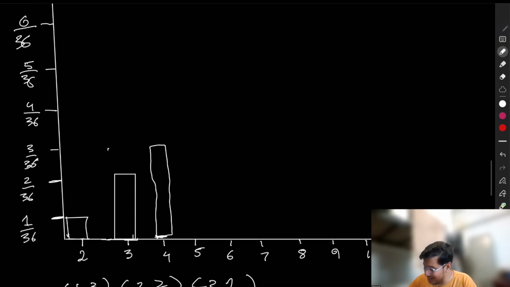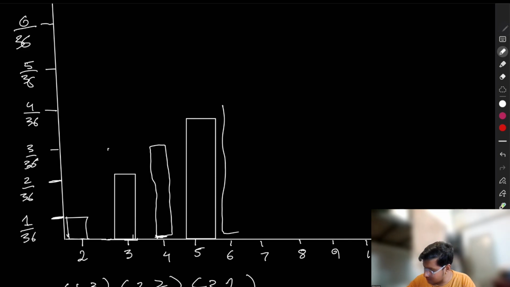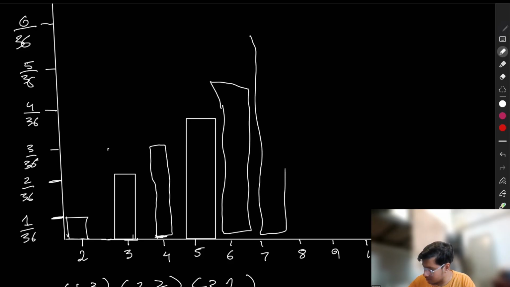Pardon my drawing. Similarly, what is the probability that we roll two dice and the sum is equal to 5? You calculate it. It is 4 by 36. Similarly, for 6, it is 5 by 36, and for 7, it is 6 by 36.